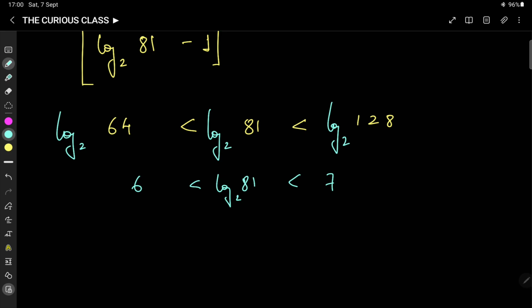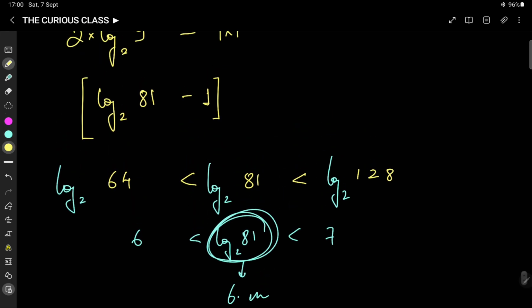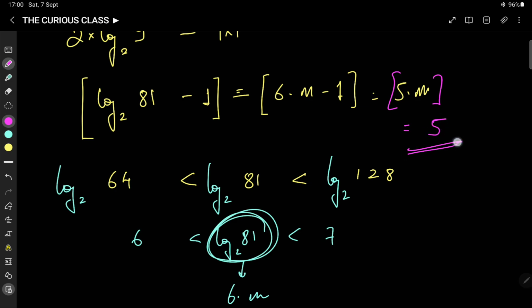So log 81 base 2 is 6 point something, and it is least important to know exactly what it is. So 6 point something minus 1 will be 5 point something, and the boxed value of 5 point something is 5. So the answer is 5.